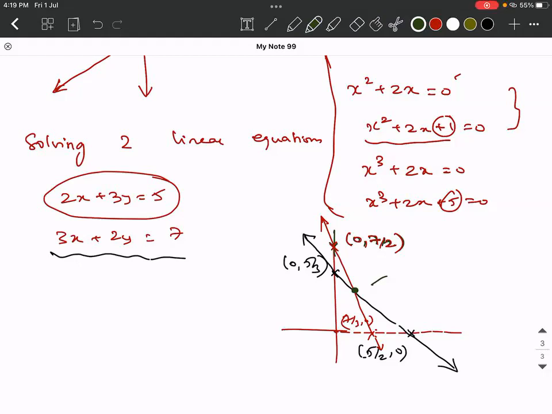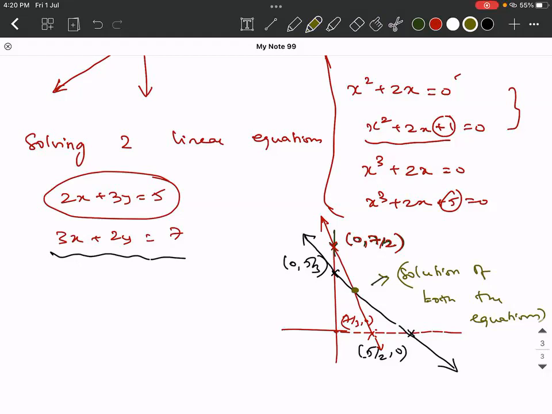Why do you call it a solution? Because that is the only point which is common to both lines. If you see any other point, is it common? Obviously not. So this point is called the solution of both the equations.